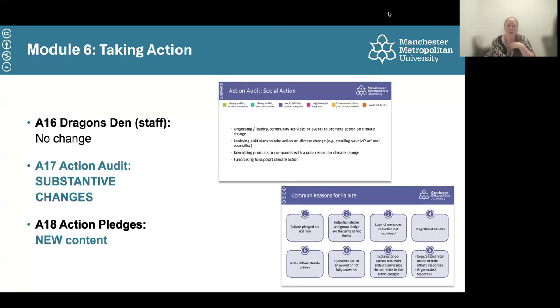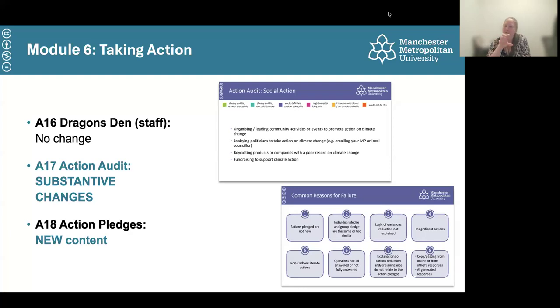Then in module 6, the only really substantive changes are to the action audit, which people who've been using our toolkit will be familiar with. It's just a series of questions to try and get the brain juices flowing, and largely for our students to explore the types of actions that they might be willing to do.